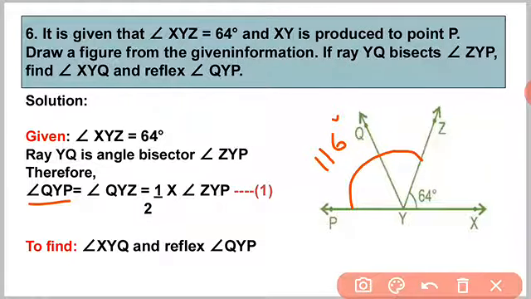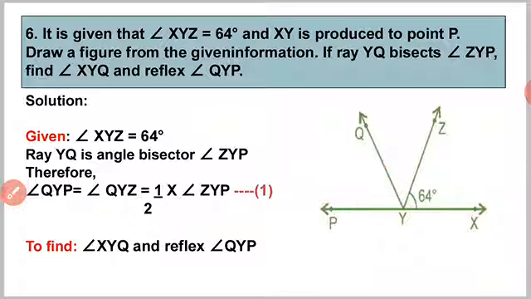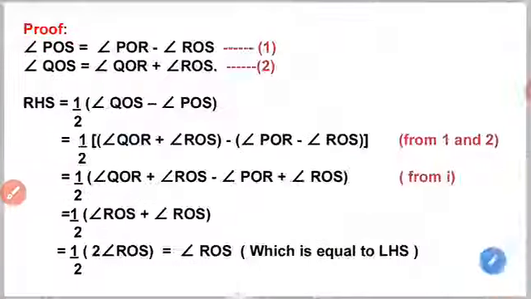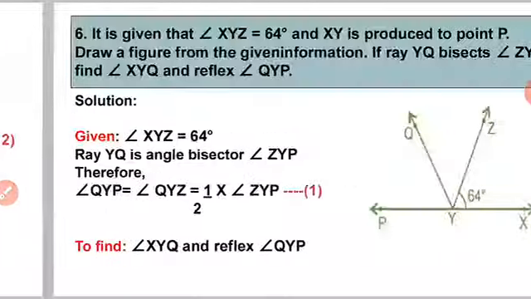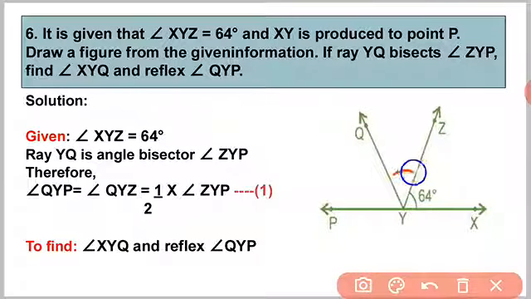So how much will be QYP and angle QYZ? These two angles will be half of this, that is equal to 58 degrees and 58 degrees.